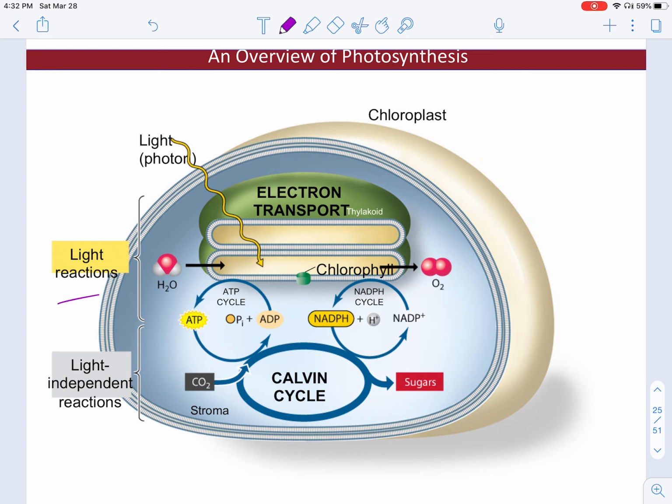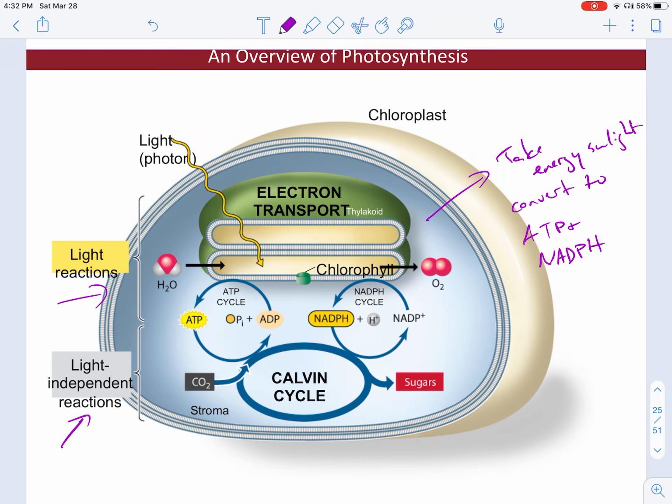Again, there's a light reaction and what used to be called the dark reaction, a light independent reaction. In the light reaction, you take the energy of sunlight and convert it to ATP and a reduced electron carrier, NADPH.